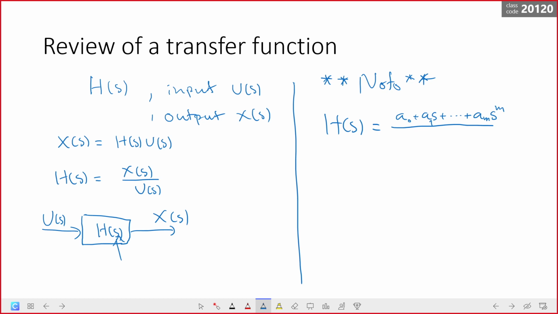And for denominator, you can have b0 plus b1 s plus dot dot plus bn s to the n. What you have to note is that n must be greater or equal than m. So this is called a proper system.